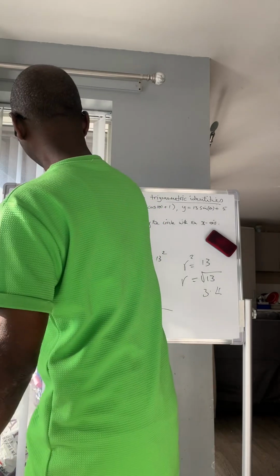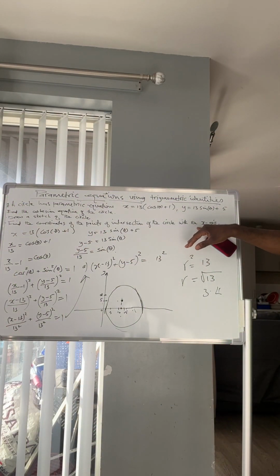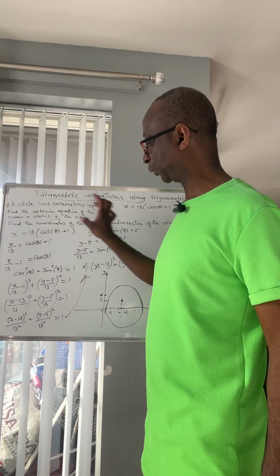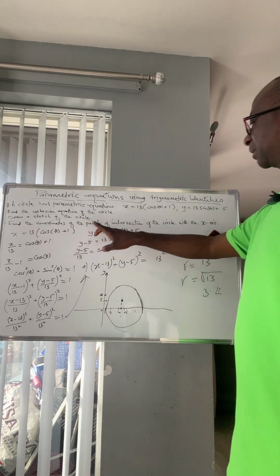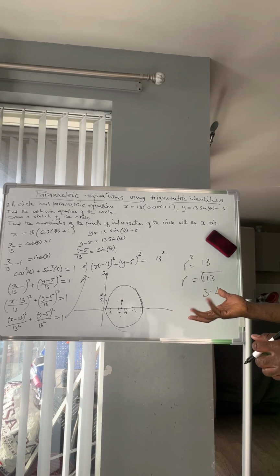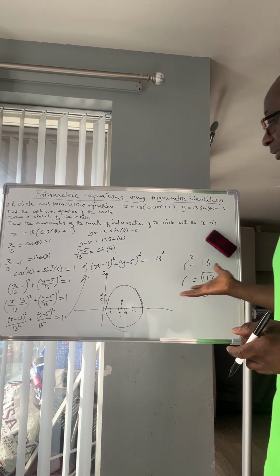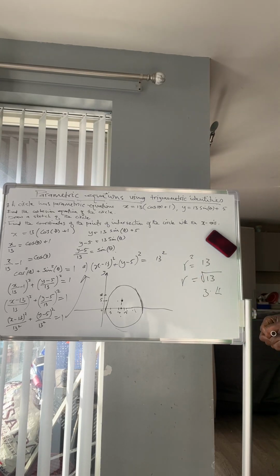Now they ask us to find the coordinates of the point of intersection of the circle with the x-axis. If this C part was not given to you, you want to sketch the graph, you will solve this C part. That will give you good information for you to be able to sketch the graph.